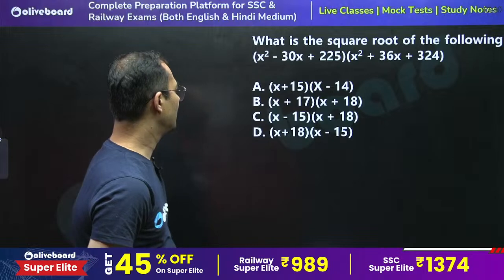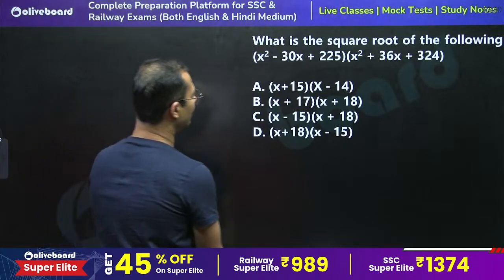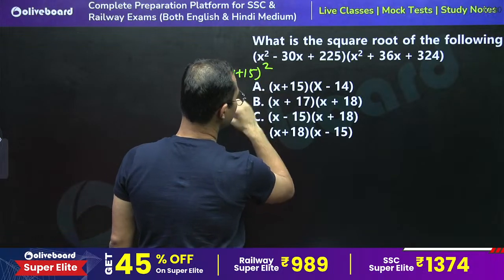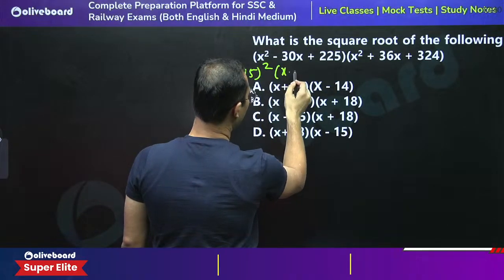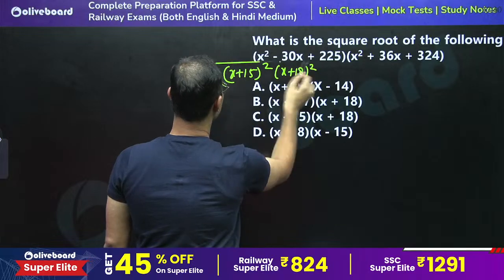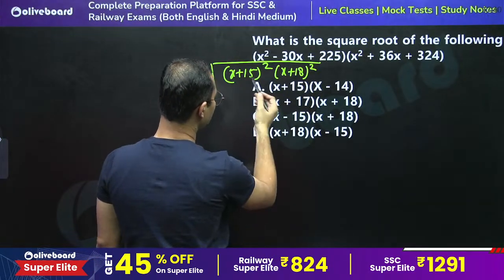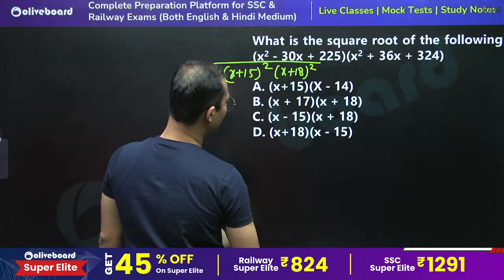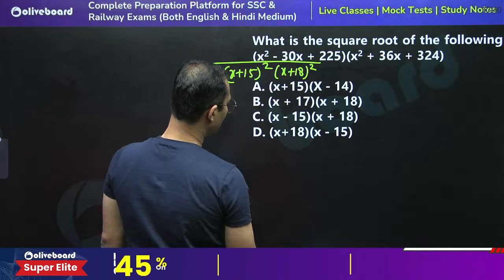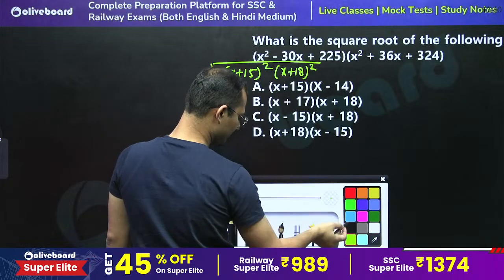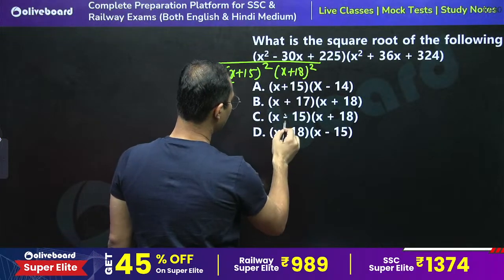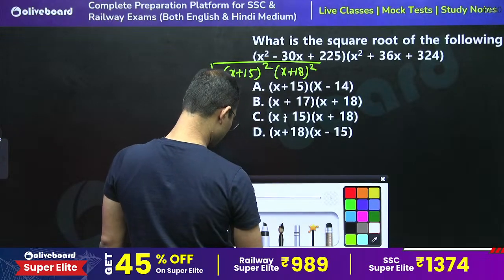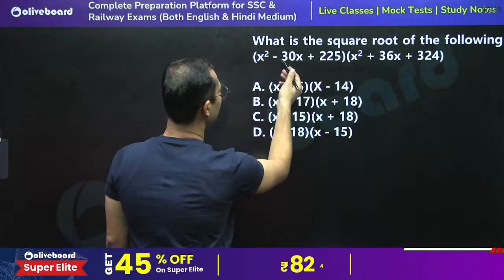Now moving forward, we can say that this is the square of x plus 15, and this is the square of x plus 18, right? So you have to calculate the square root. Sorry, this is my mistake, here it is minus.